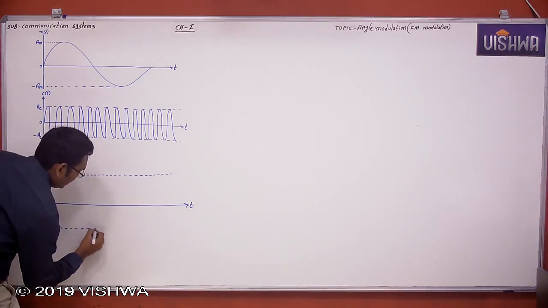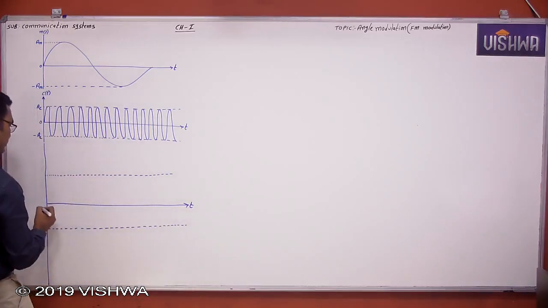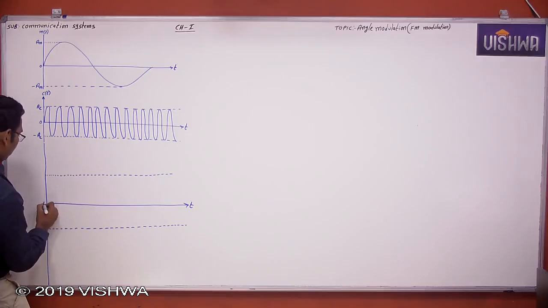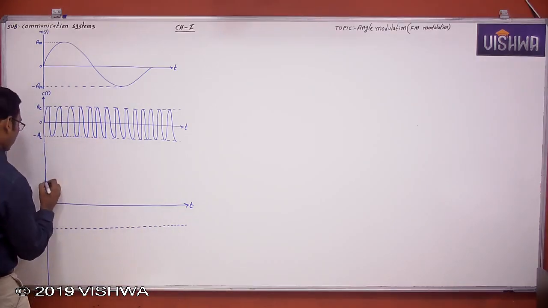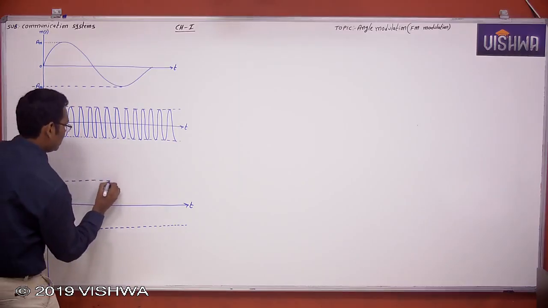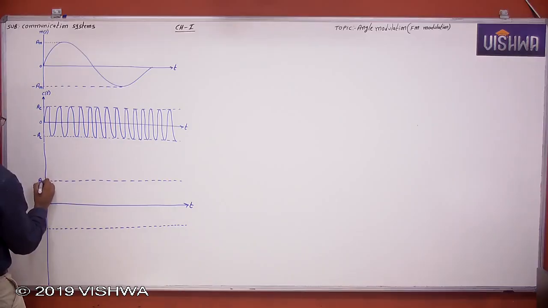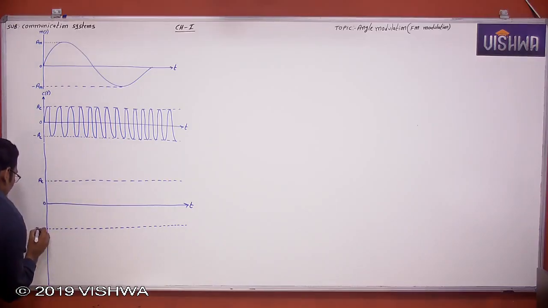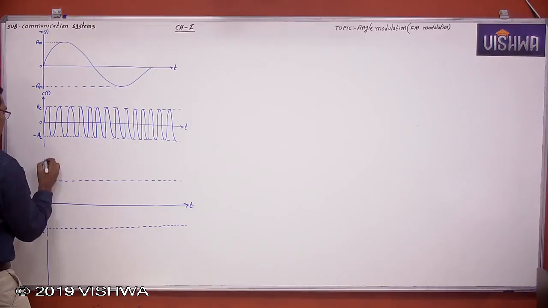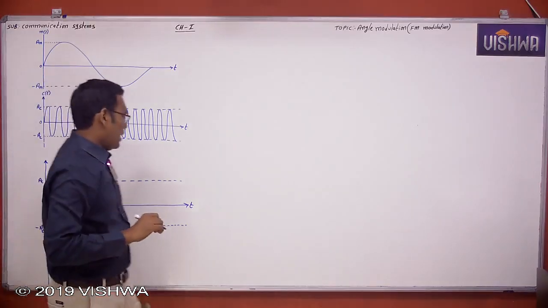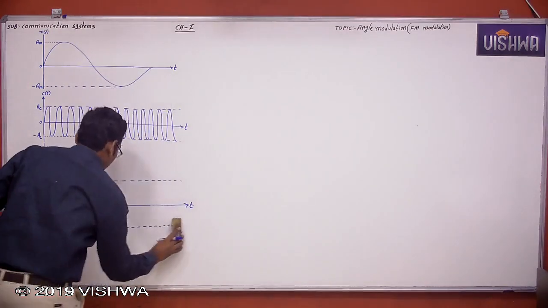In frequency modulation there is no change in amplitude. The peak amplitude of the carrier is Ac, the minimum amplitude is minus Ac. There is no change in the amplitude of the carrier after FM modulation.